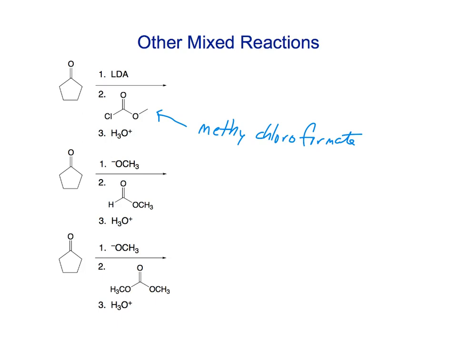And so if it just substituted for the chloride, what kind of a functional group will we get here then? Yeah, so we can add an ester on here. Like this. Okay?